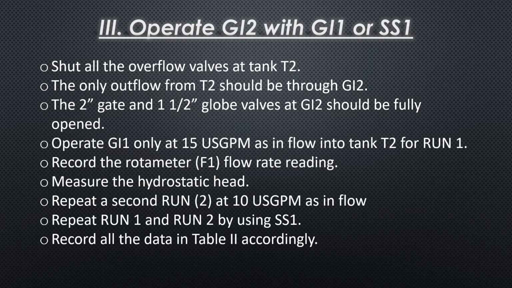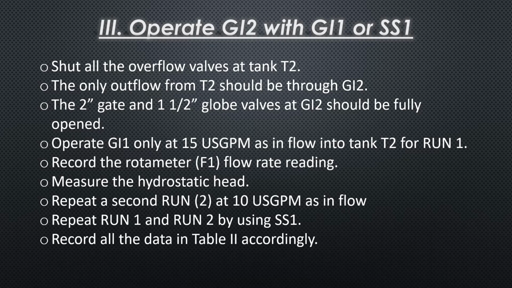For run 1, operate galvanized iron 1 at 15 US-GPM as inflow into tank 2 and record rotameter flow rate reading F1 as the flow rate through galvanized iron 2 in table 2. Then measure the hydrostatic head value and record in table 2.